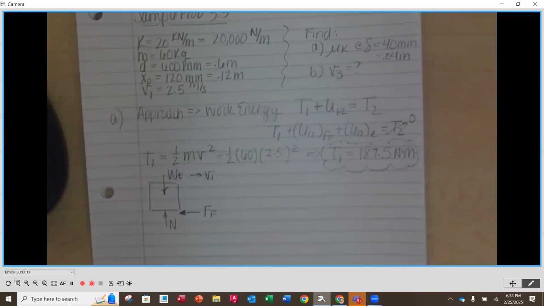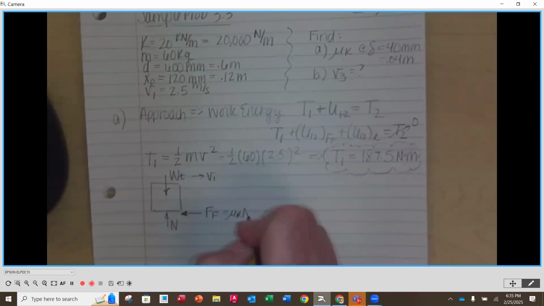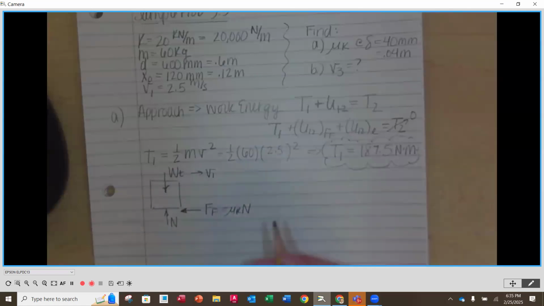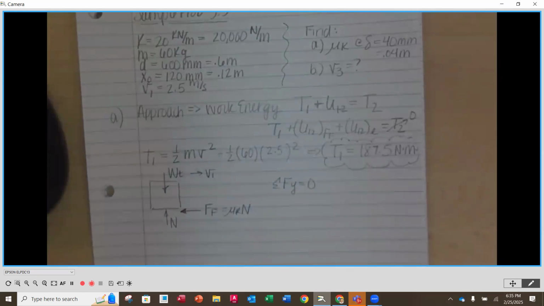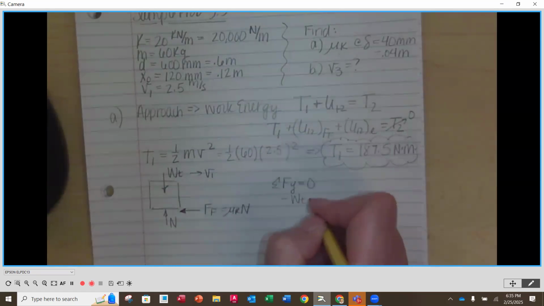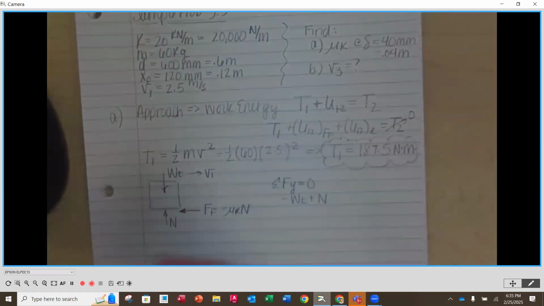I know my friction force is going to be equal to the kinetic coefficient times the normal force, all right? So that means to sum my forces in the y equals 0 because it's not moving or there's no acceleration vertically, okay, the way that the motion is. So I'm going to say sum of my forces in the y equals 0. So in this case, I have negative WT plus N is equal to 0.